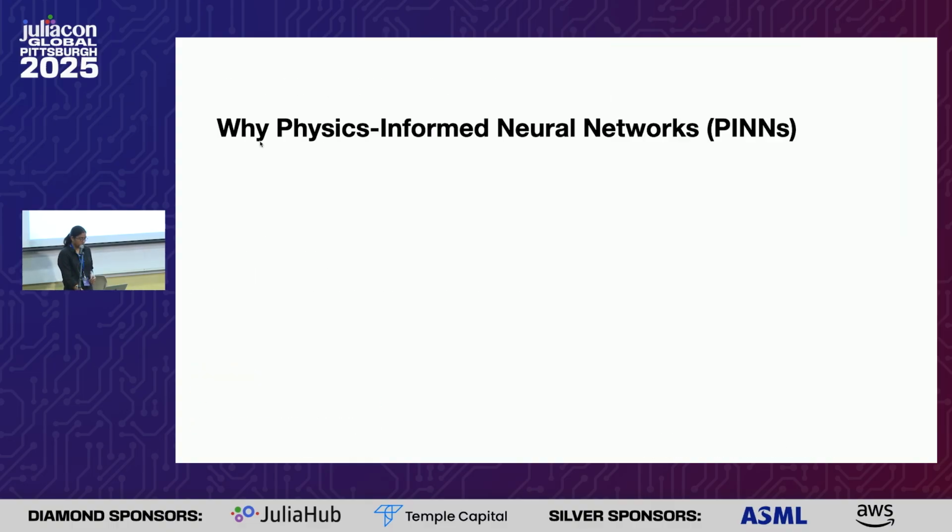So why did we use it? An important thing we considered is that a physics-informed neural network allows us to embed physics laws. Unlike a standard neural network that might only learn statistical correlations from the data, a physics-informed neural network integrates our knowledge into the system.